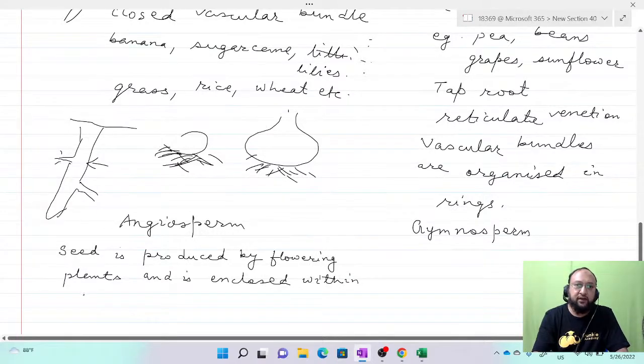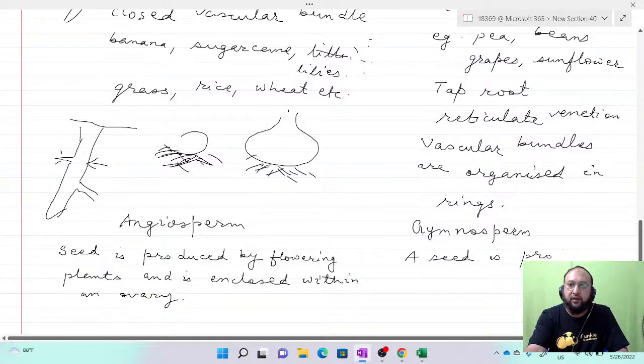In gymnosperms, the seed is produced by non-flowering plants and is unenclosed, naked and not enclosed.